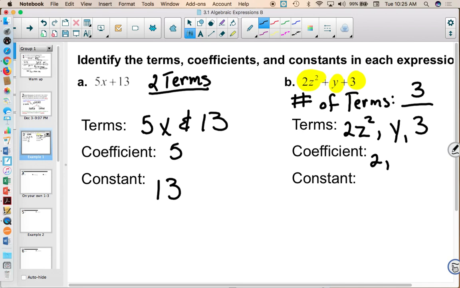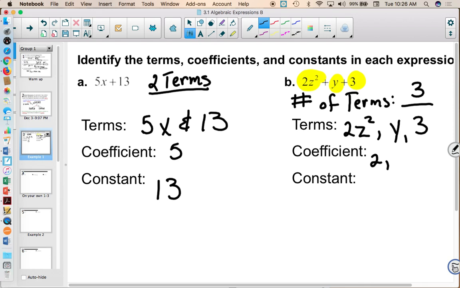1. Cole, why 1? You are so right. Because the y is alone. Can I put the number 1? 1 times y would give you what? y.